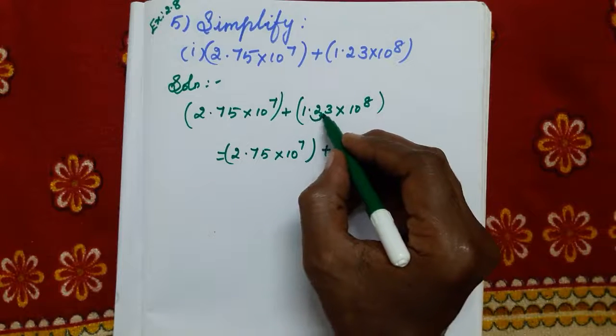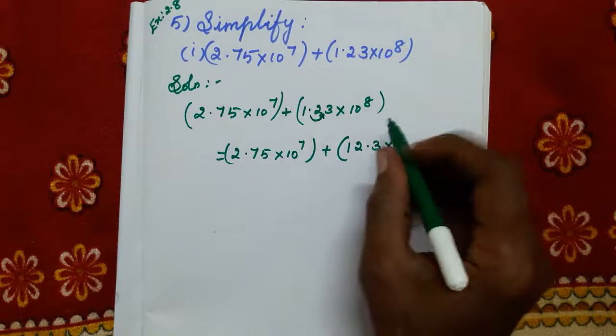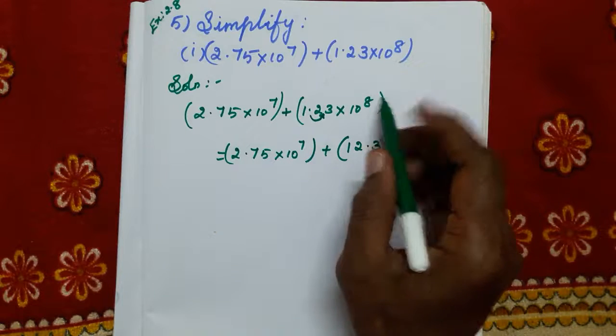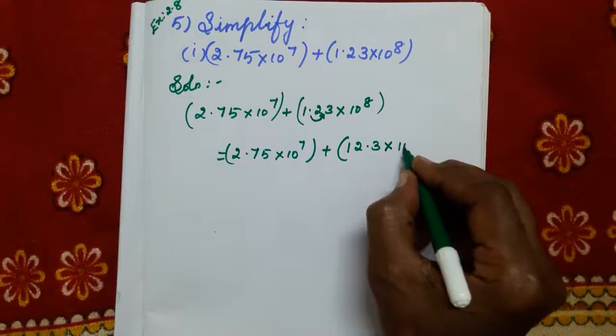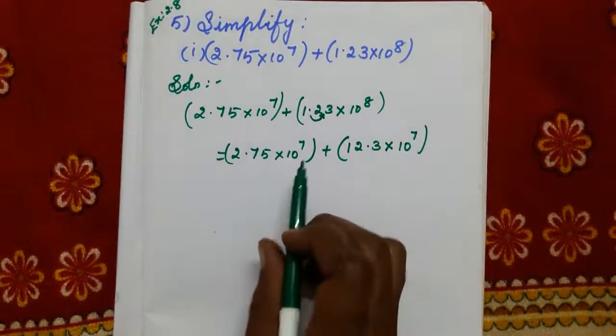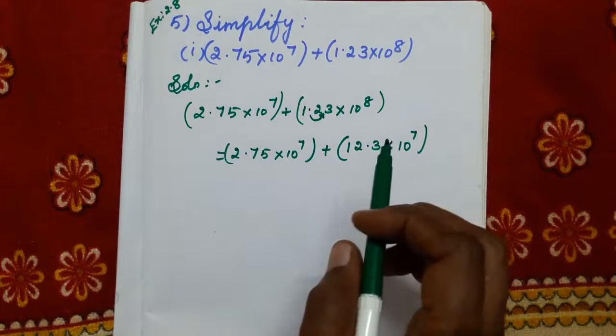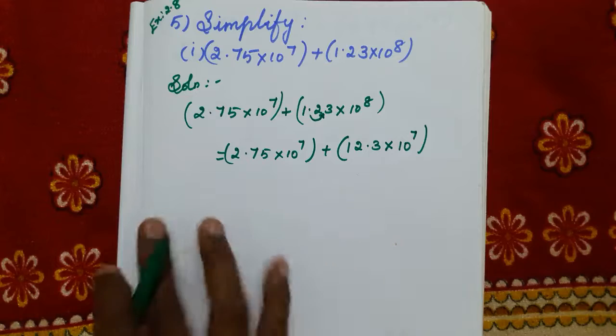We moved the decimal point one digit right, so the power will decrease by 1. So 10 power 7 we will get. Is it clear? So I have converted this also into 10 power 7.